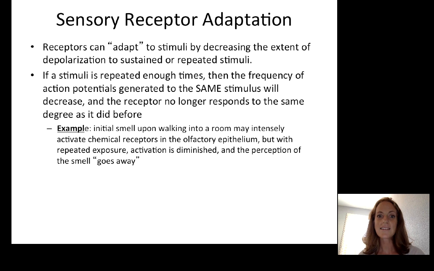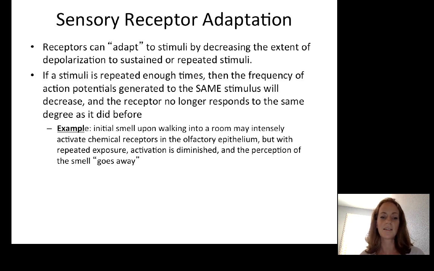Well, unless the room was really well ventilated and the doors were open, that smell didn't actually go away. What happened was your receptors are no longer responding to that smell to the same degree as before. But if you walked out of the room and came back in, you might then start to smell it again. So your brain is very smart about not responding to stimuli that are continuous.